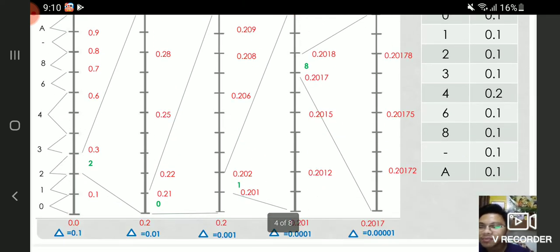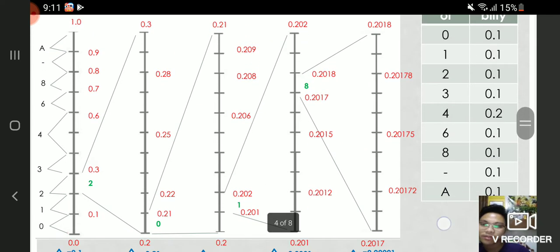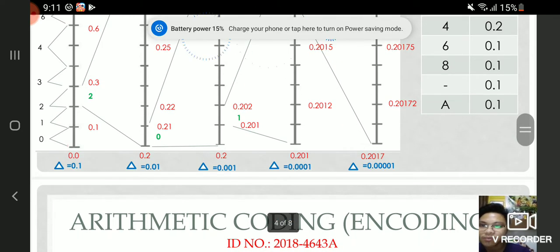Next is the probability graph of 0. The 0 here is in between 0.21 and 0.2. Expanding it will become the upper bound and the lower bound. And we have this step value here, which is 0.001.